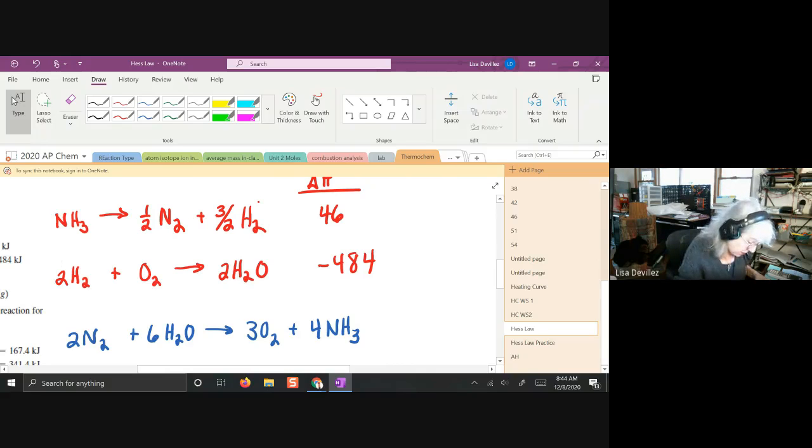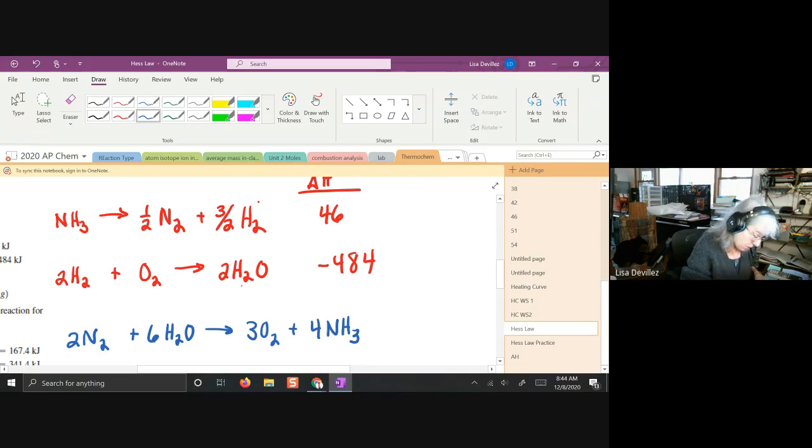Okay, so the easiest way to start is to look for things that are only in one of the given equations. So let's start with the water.